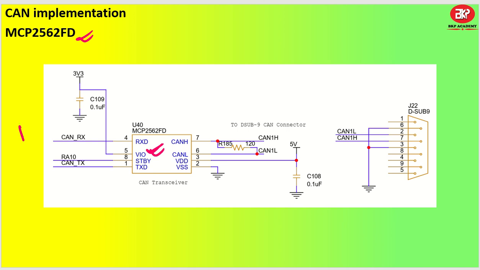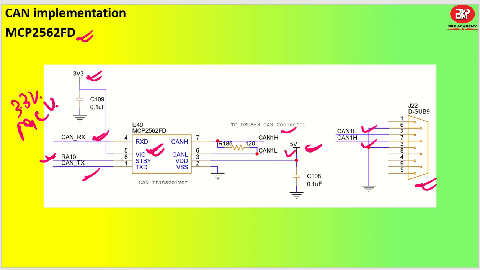Since I am working with a microcontroller of 3.3 volt IO levels, RA10 is connected as standby mode, and Rx and TX are connected as usual, like in our 2561 also. Then VIO is supplied with 3.3 volt. The rest are all the same. This is the 5 volt VDD, and CAN high and CAN low are connected and going to pin number 2 and pin number 7 of the D-sub 9 connector.